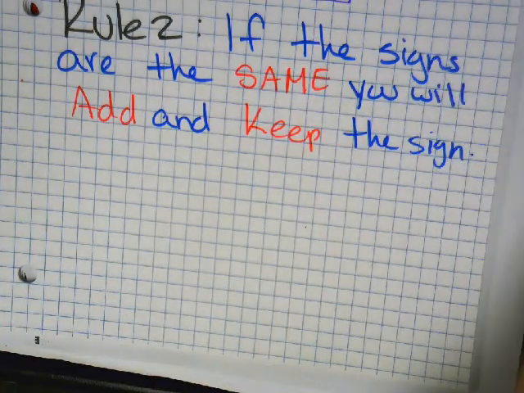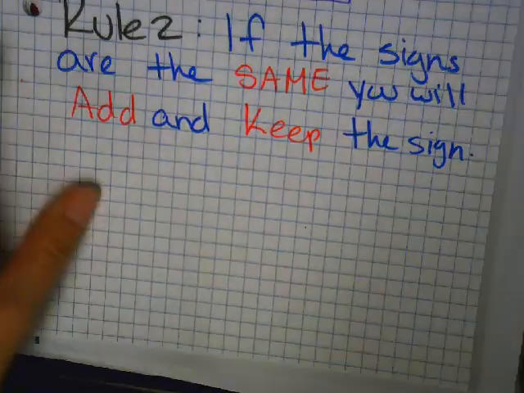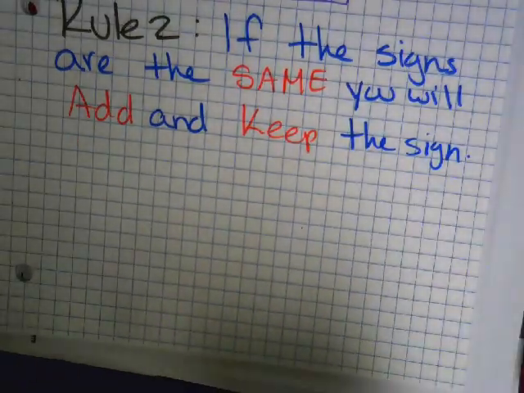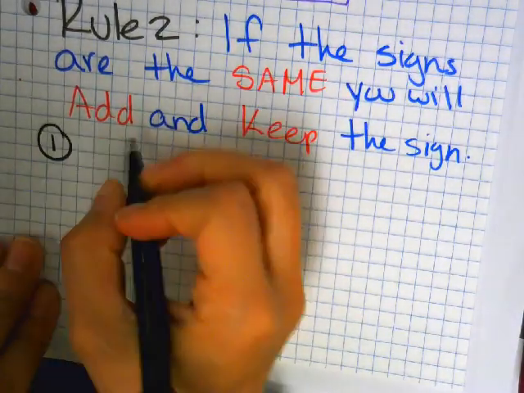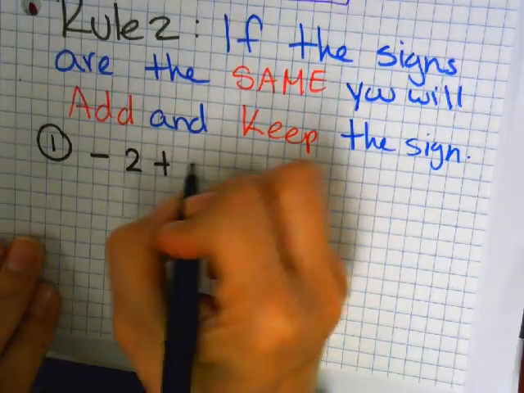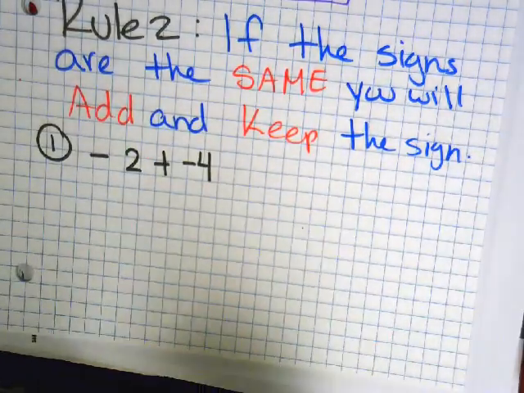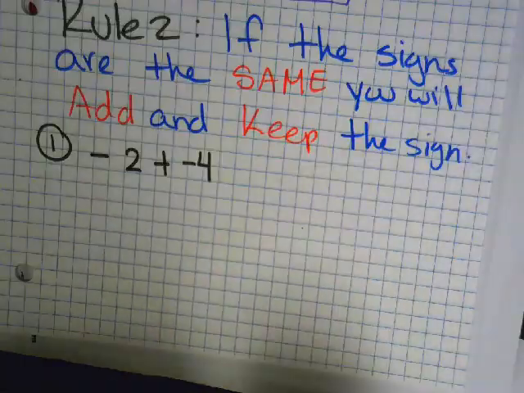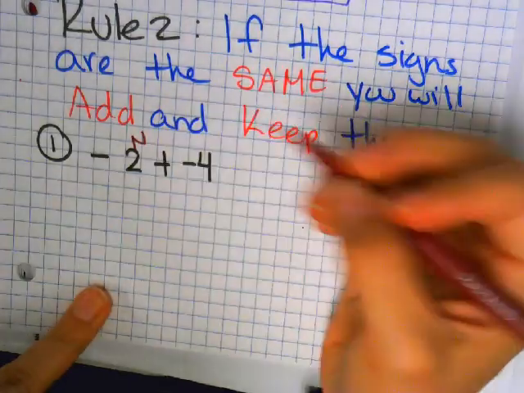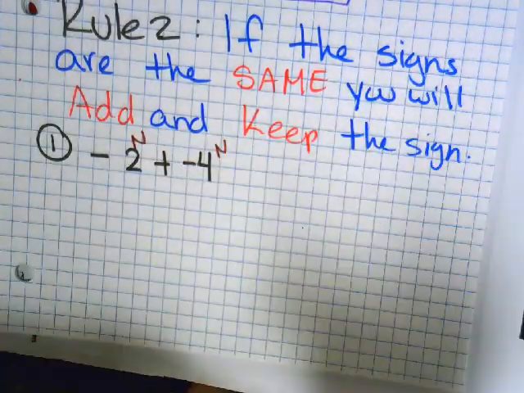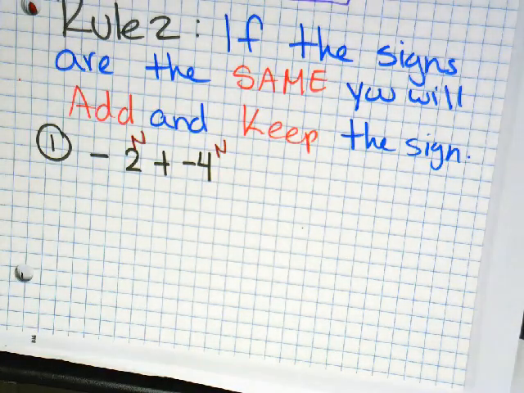All right. So, for example, number 1. Negative 2 plus negative 4. The first one is a negative, and this one's a negative. Do you see how both of them are negative?